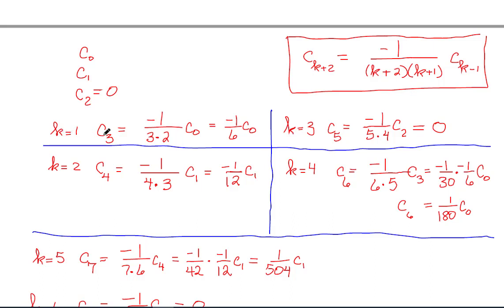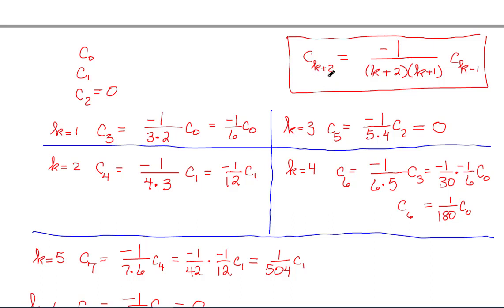C3 comes when k is 1. So I plug in k equals 1 and I find out C3 is minus 1/6 C0. Do the same for k equals 2, get C4. See that its relationship is with C1. C5 involves C2, but C2 was 0. You have to be careful because of all these indexes going on.